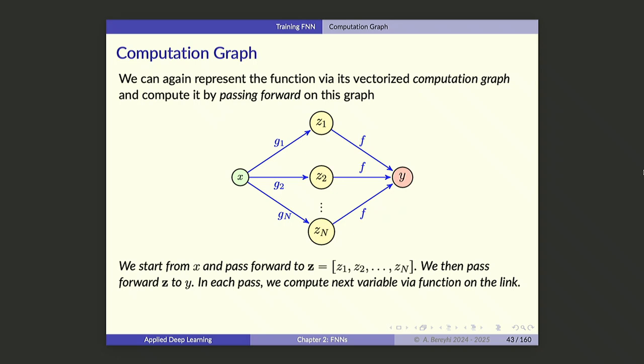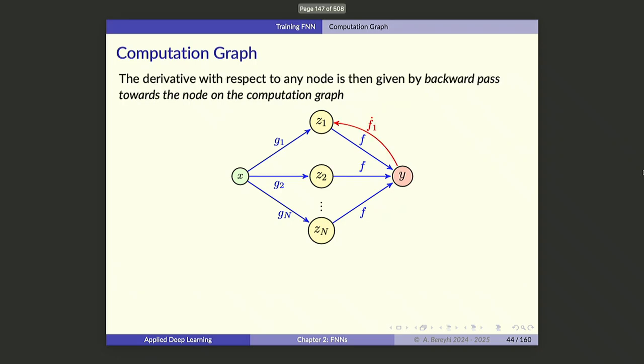I should move backward on this diagram again. I compute the partial derivative of y with respect to z1, with respect to z2, till zn. I compute all of them, and then every single one gets multiplied with the corresponding derivative on the previous link.